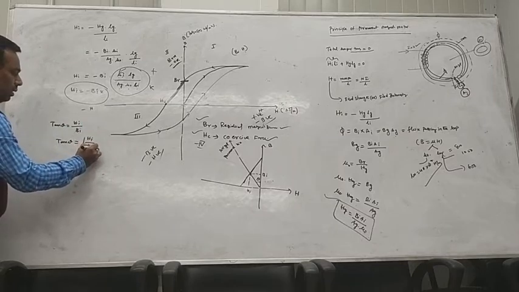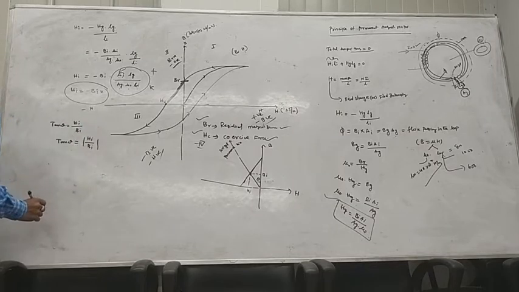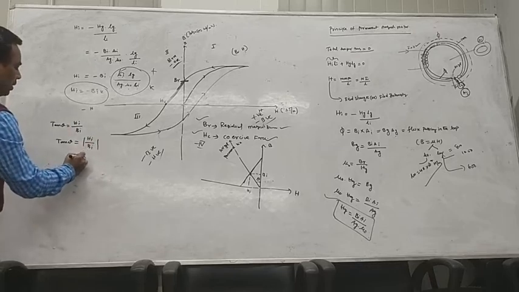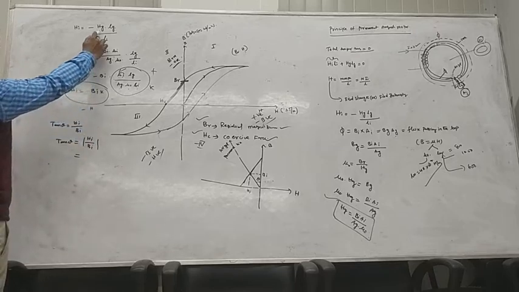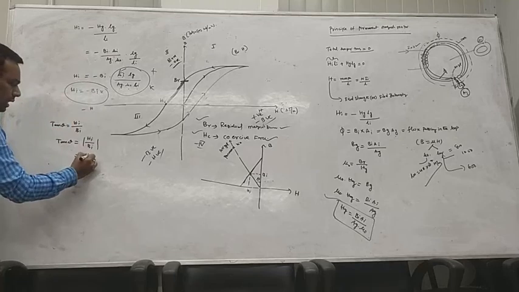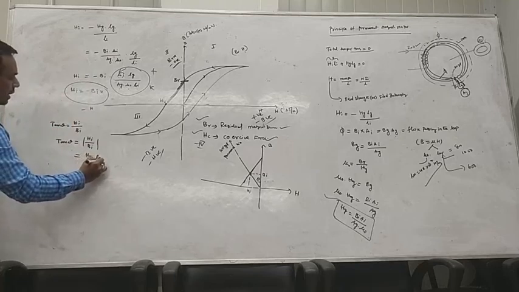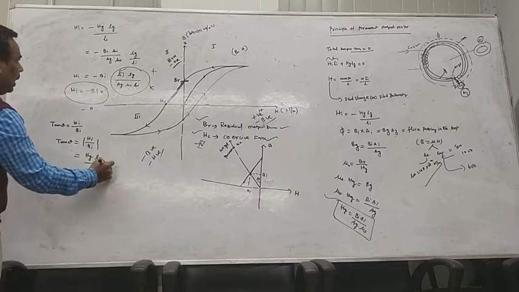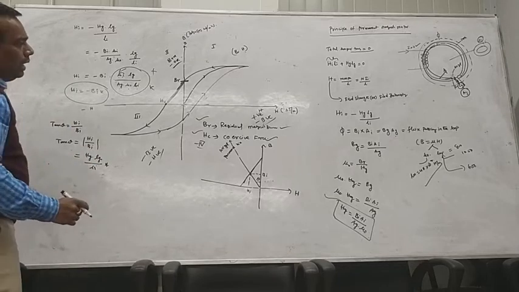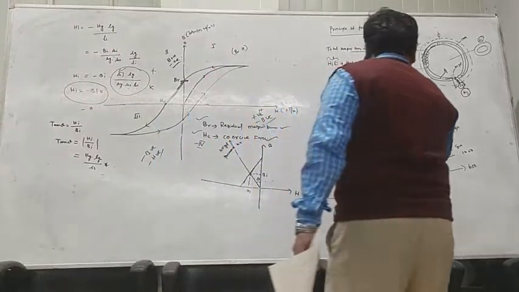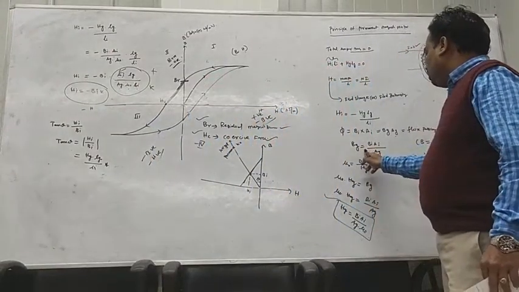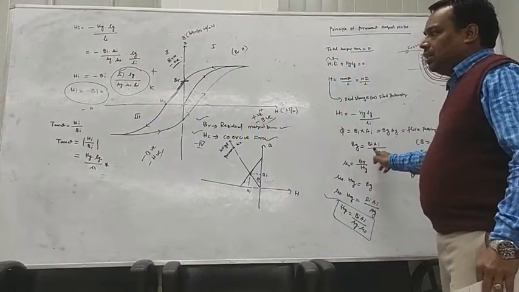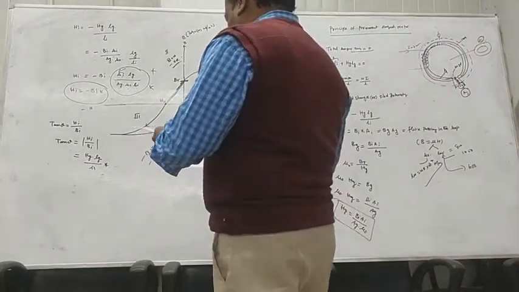You know that HI is equal to Hg into Lg by Li. And for the Bi value, Bg is equal to Bi into Ai by Ag.